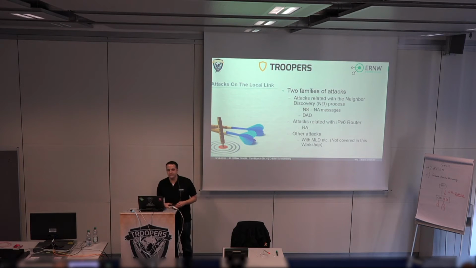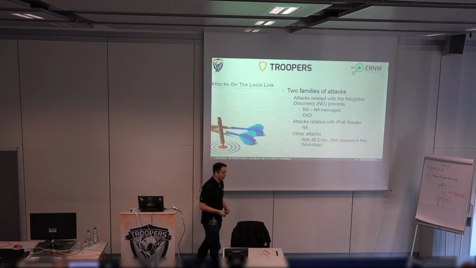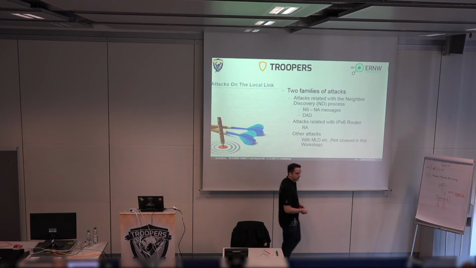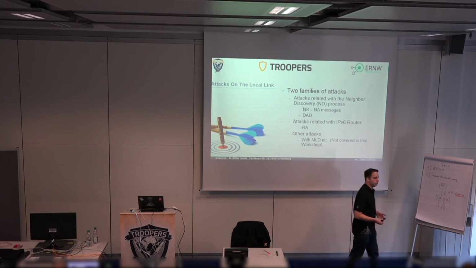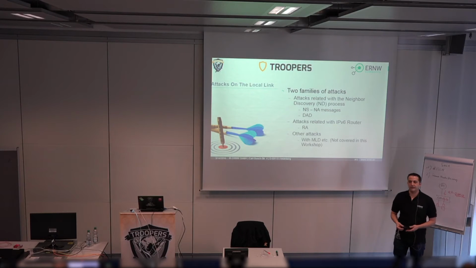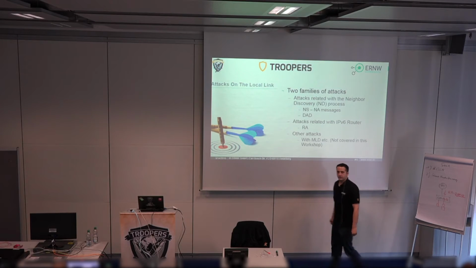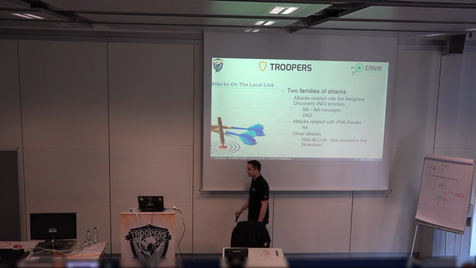It's just called neighbor spoofing, but the goal is essentially the same. I want to spoof the entries in the neighbor cache of my victim so that I can get into a man-in-the-middle position to redirect traffic, IPv6 traffic in this case, to my client so that I can read it, same as in the IPv4 world.